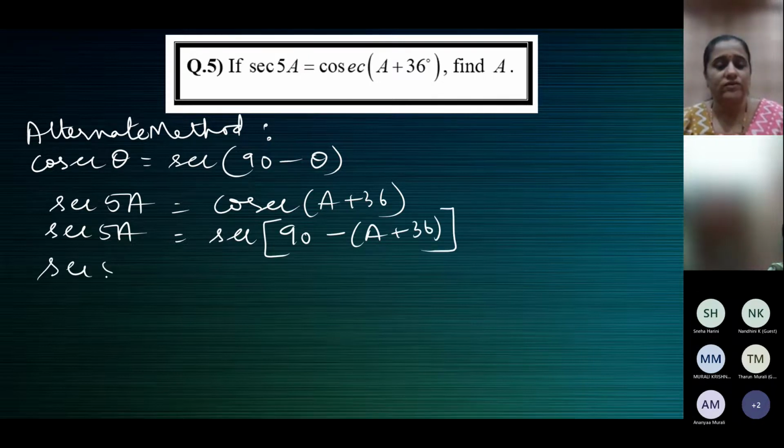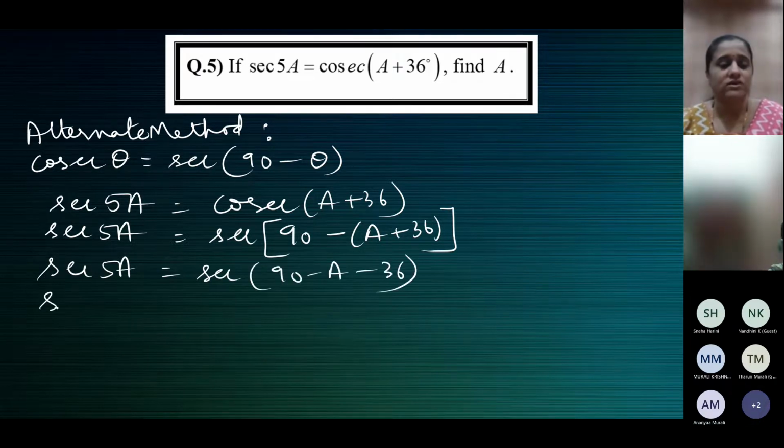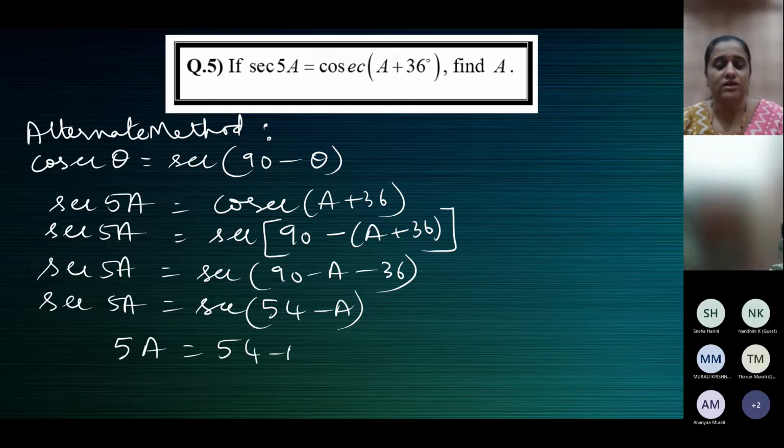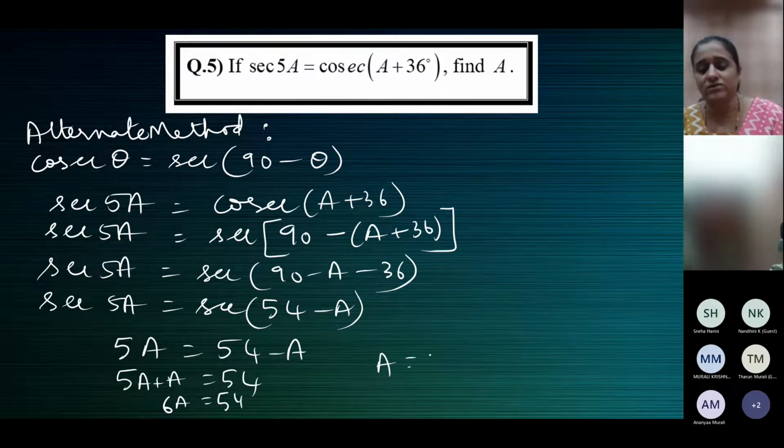So secant 5A is equal to secant 90 minus A minus 36, which is secant of 54 minus A. On comparing both the sides, 5A is equal to 54 minus A. On solving this, 5A plus A is equal to 54, 6A is equal to 54, A is equal to 54 by 6. A is equal to 9.